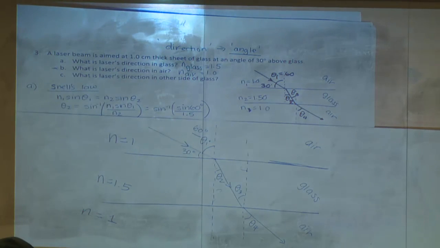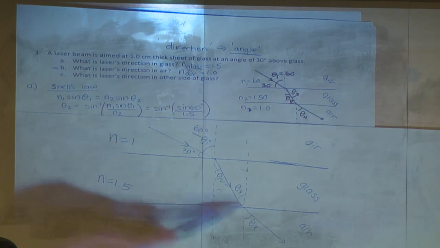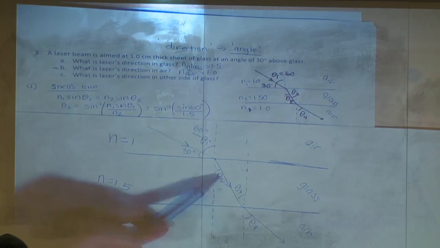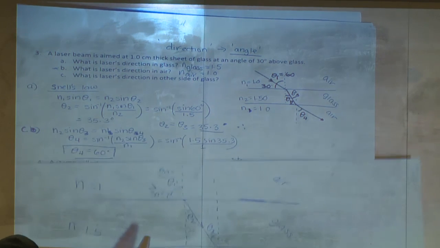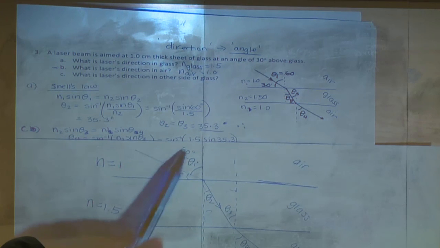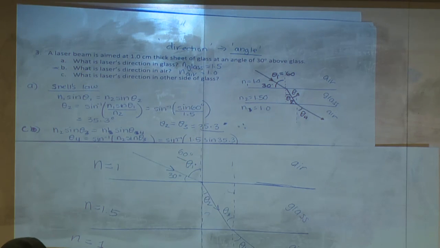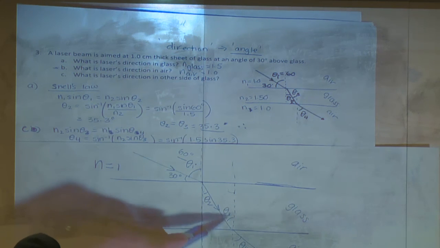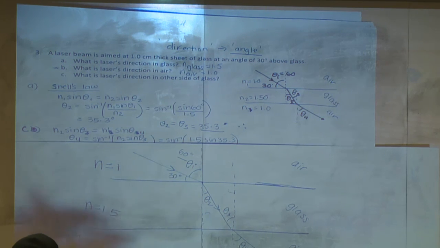I don't know what the term is, but that's why they're equal. That's why I did theta 2 equals theta 3 right here. And then for the second part of Snell's law, we're going to be using theta 3 and theta 4, right? Okay.